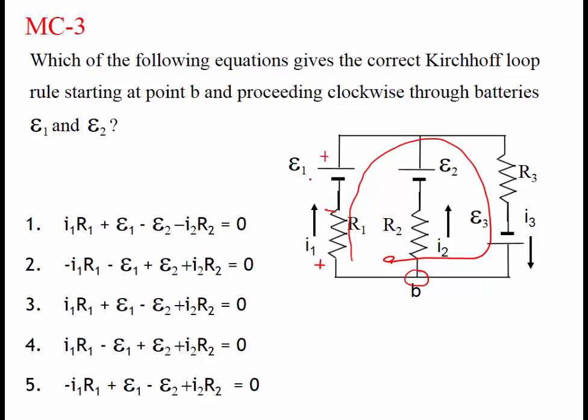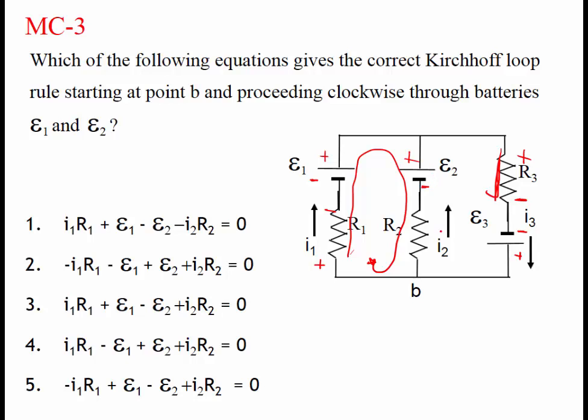This will be plus, minus, and current is flowing this way, going down, so that'll be plus to minus. Actually, we're looking for E1 to E2, so we're not doing E3. For loop number 1, this will be plus, minus, and this will be minus, plus, because current flows from positive to negative.